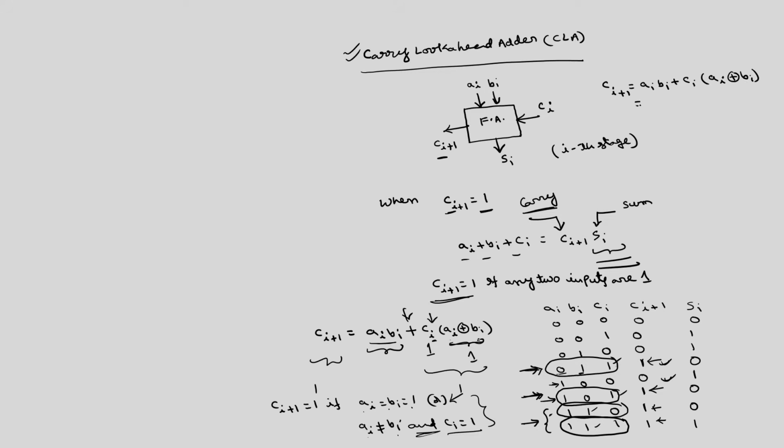So, I am going to define this as Gi, Ai AND Bi, plus Ci times Pi, where Gi, that is AiBi, is called carry generate.